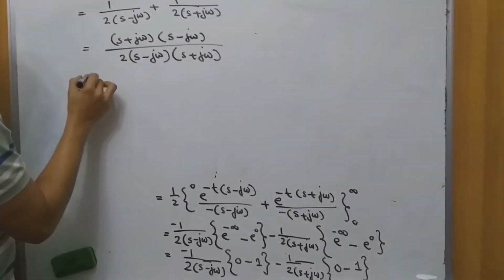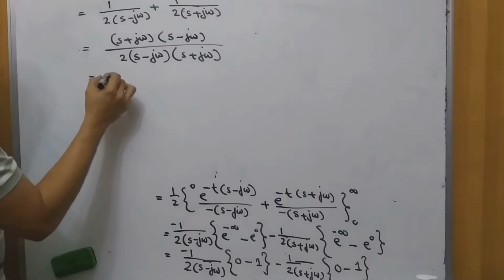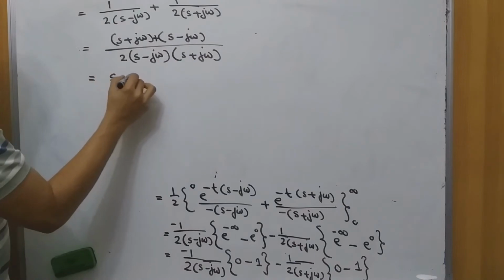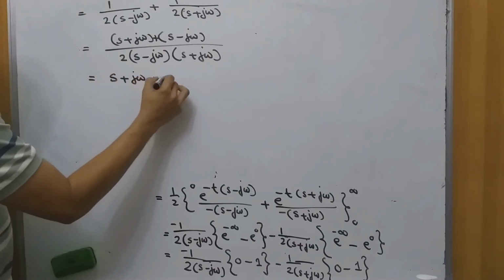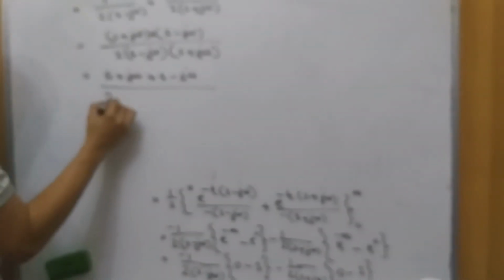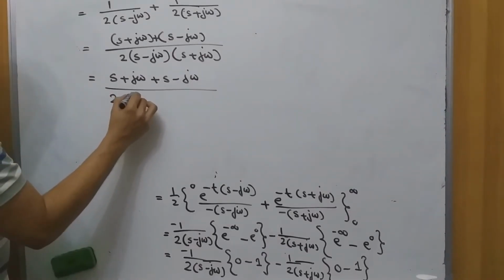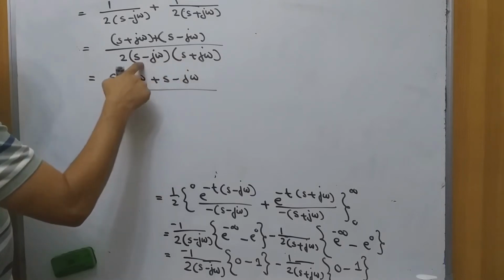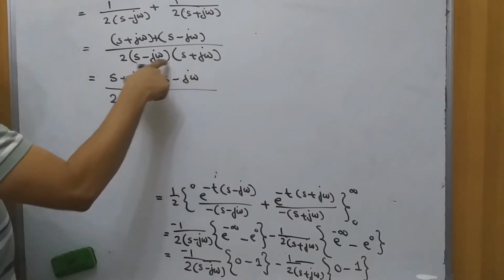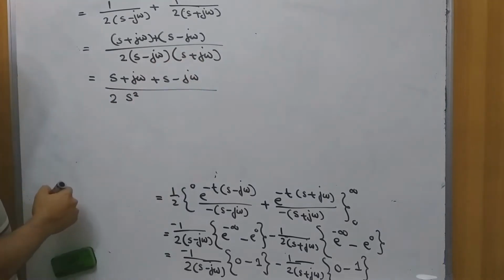Expanding it, we have s plus j omega plus s minus j omega, divided by 2 into s square plus s j omega minus s j omega plus j square omega square.